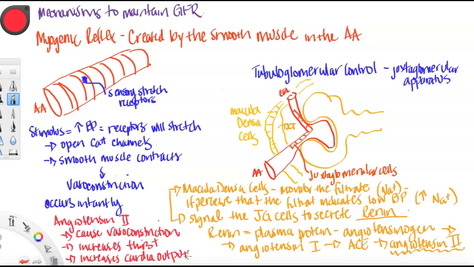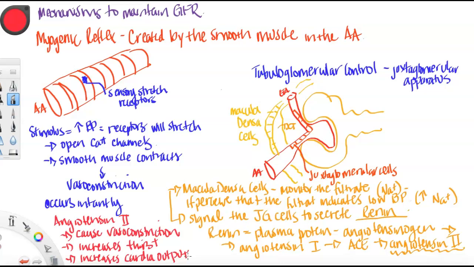So it increases heart rate and stroke volume, which brings more blood into the vessels. Okay, so it brings up blood pressure. So again, as far as GFR, it brings up the blood pressure so that the glomerular filtration rate will stay at the 180 and not get lower than that.